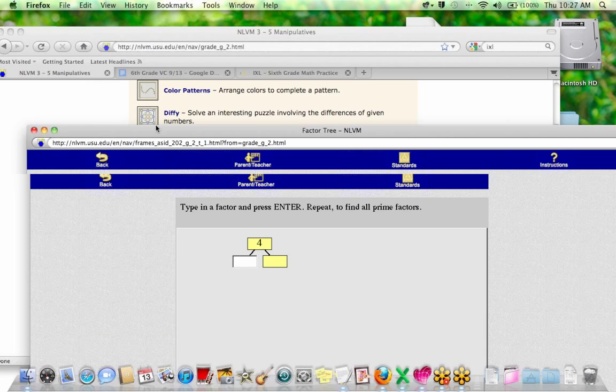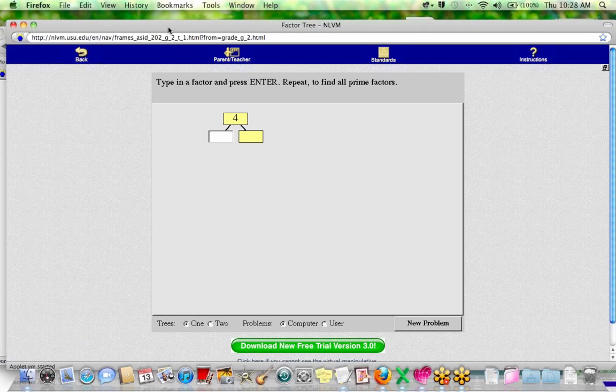Here it is. Before we get started playing the game, somebody just turn their microphone on, raise their hand, and tell me what a factor is. Because that's important to know before we play a game. What is a factor?